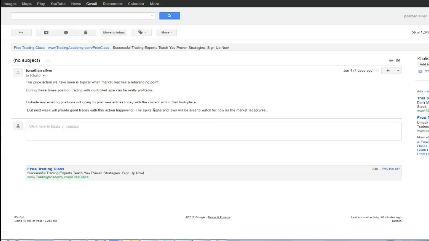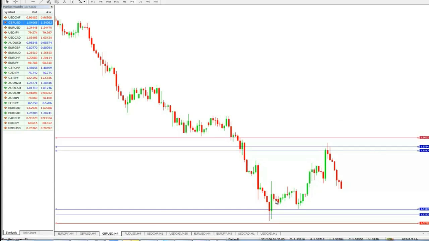What that really means, going back to the chart, is that when I made the post, this was the spike low. Now as the market rebalances and recaptures higher levels, if you enter long, this is the area that will be the turning point of the low that's put into place. That's all I'm trying to hint at, to give an indication of.